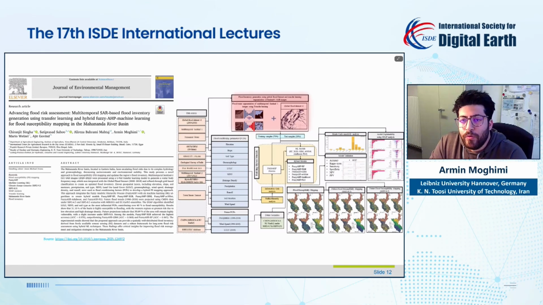In this study, we use a deep learning segmentation model to generate flood maps from multi-temporal Sentinel-1 SAR images, and these maps were then combined with the global flood dataset to build a more comprehensive flood frequency map. From that, we were able to generate a refined flood inventory that better represents both recent and historical flooding patterns.